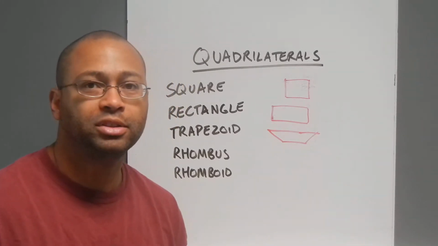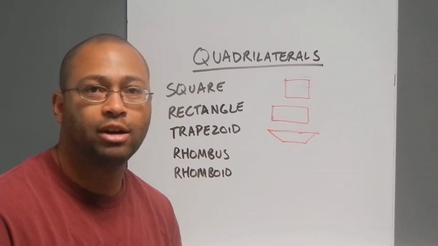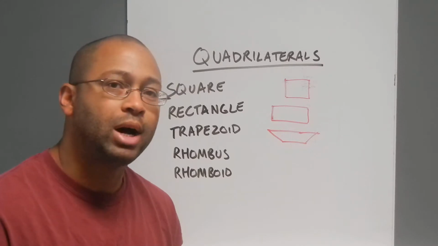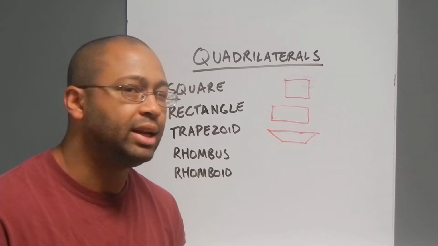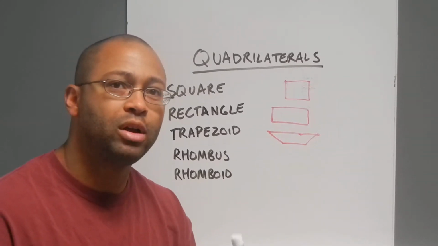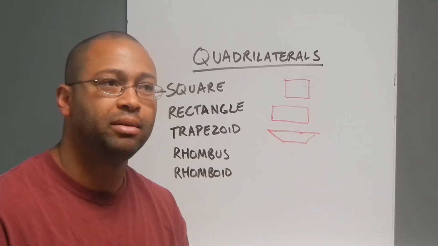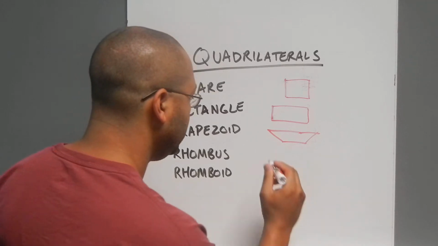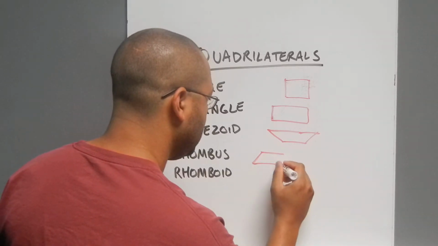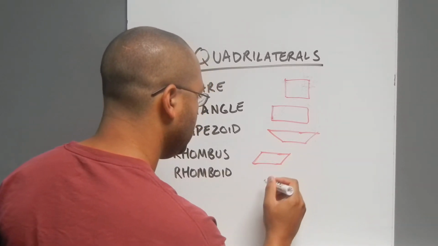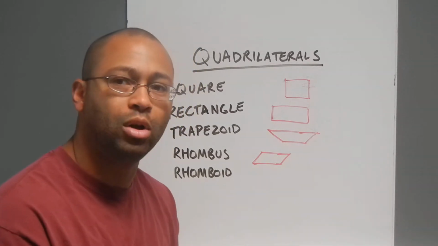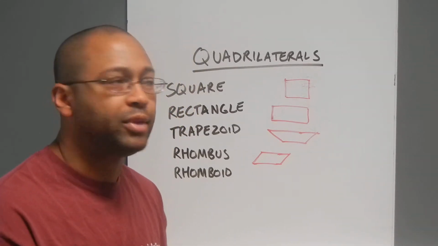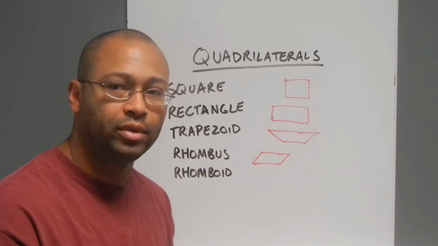A rhombus is another quadrilateral that you need to know about. It reminds you of a square, but it doesn't have 90-degree angles. It has 4 equal sides, and it also has opposite angles that are equal. I probably drew it a little too long, but it's more like a square.